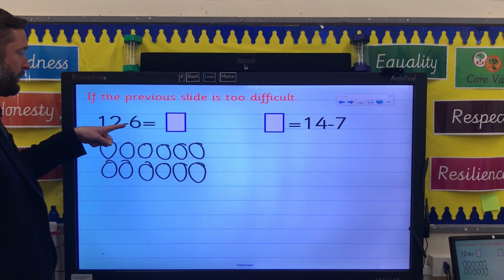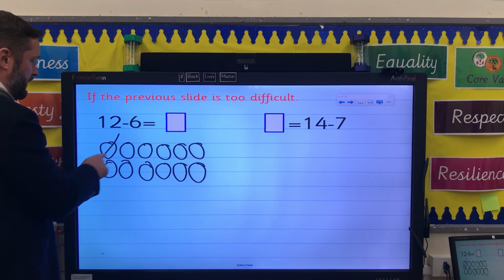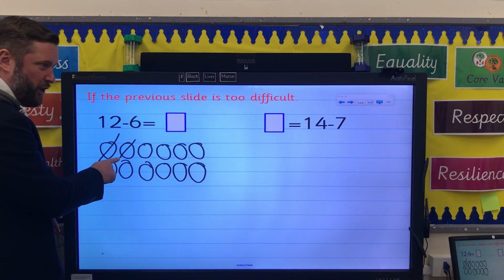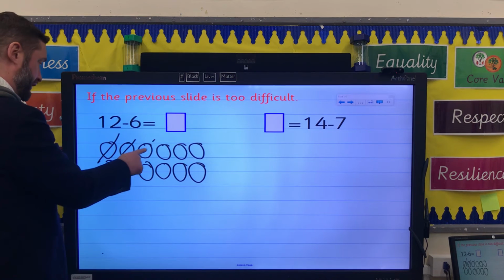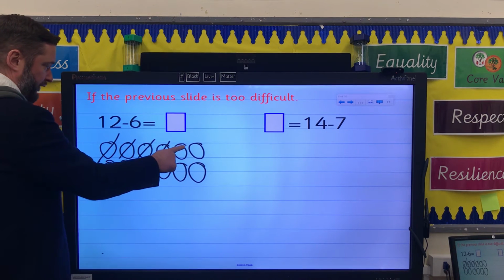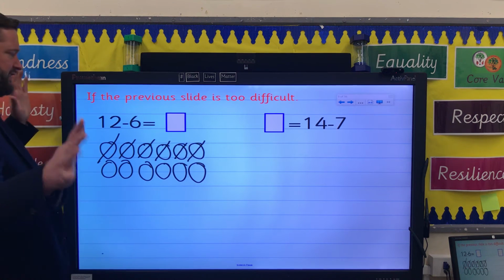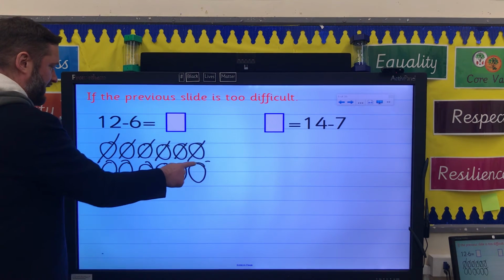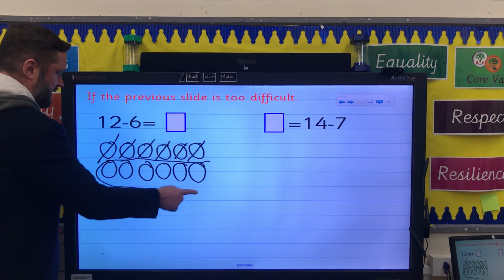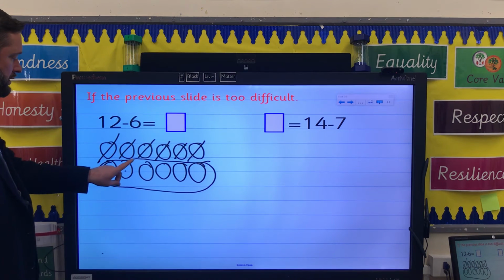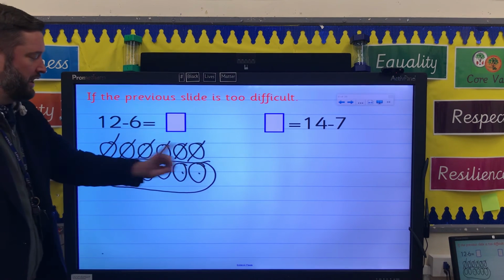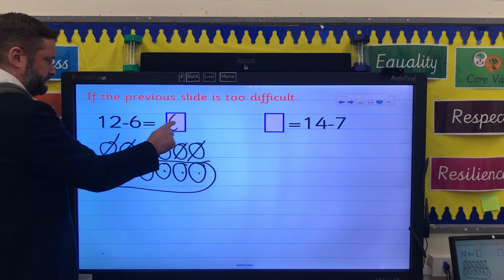And I'm going to take away 6. 1, 2, shout stop when I've subtracted enough. 3, 4, 5, 6, stop. How many have I got left? Count for me. I've got 6 left. Okay?